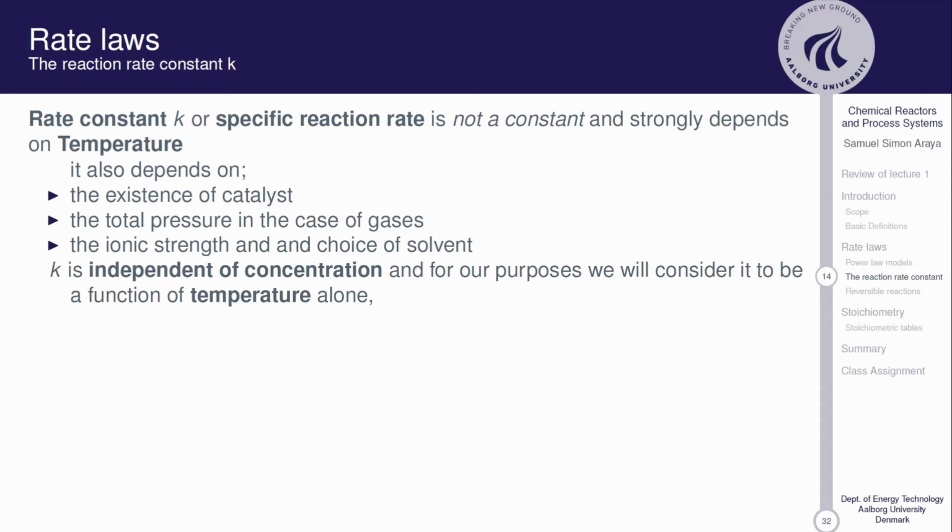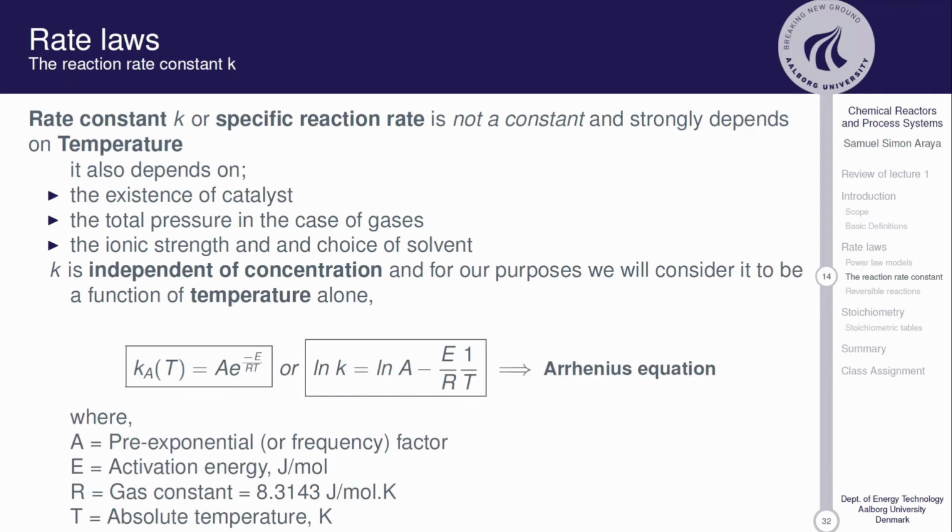The dependence of the reaction constant on temperature can be defined through the Arrhenius equation, which you might be familiar with. Basically, the reaction constant is exponentially related to temperature. We have A as a pre-exponential factor, and then we have the activation energy, which we will look into in a minute.